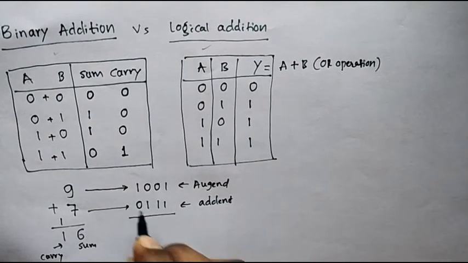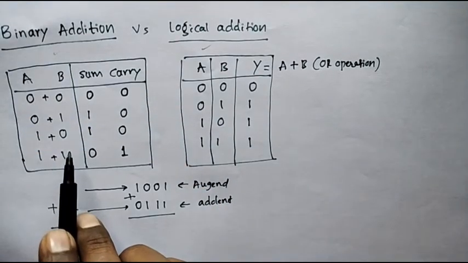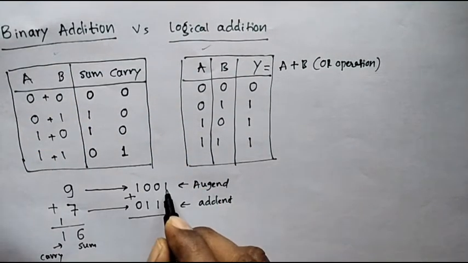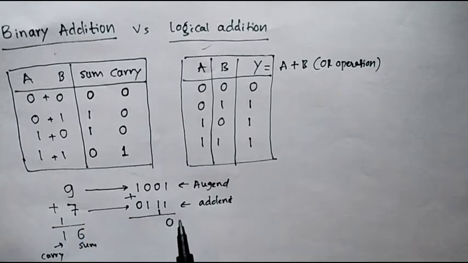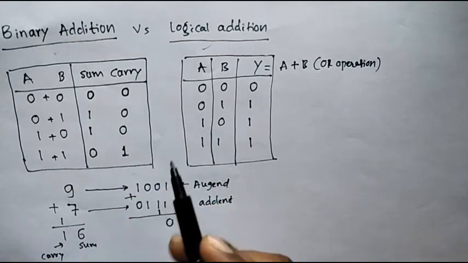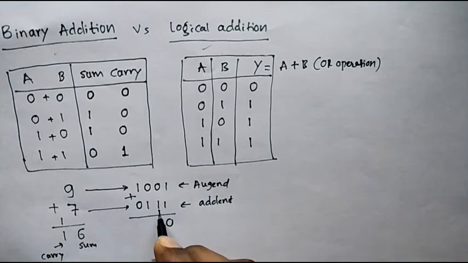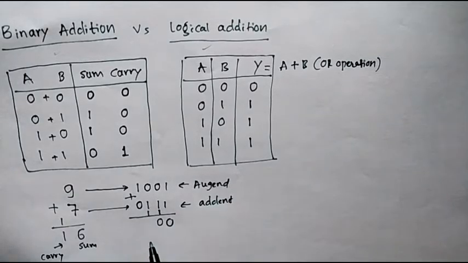Let's add these two numbers. We'll perform binary addition according to this truth table. When 1 is added with 1, we'll get 0. It produces carry. When 0 is added with 1, we'll get sum as 1 and carry as 0. When the carry is added with 1, it produces 0 sum and carry 1.